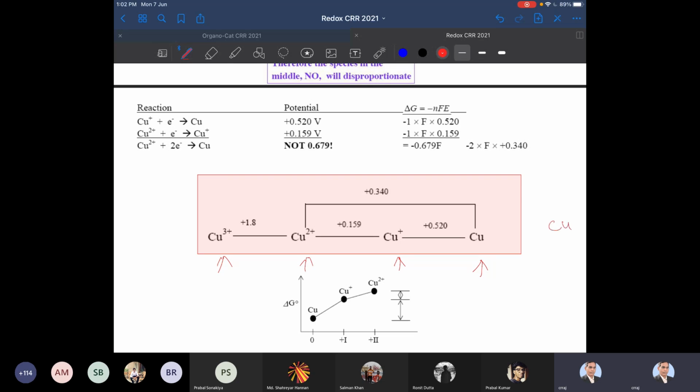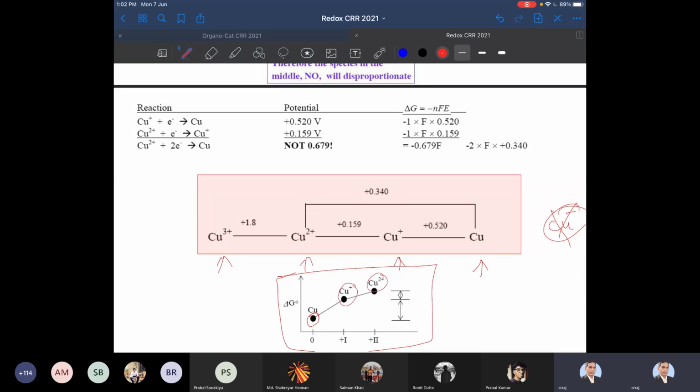There are some other species, copper minus also, but I'm not going to take you to the advanced topic. You can read it from this diagram. What does the diagram convey? Copper is the stable one, copper 1 is here, and copper 2 plus is here.